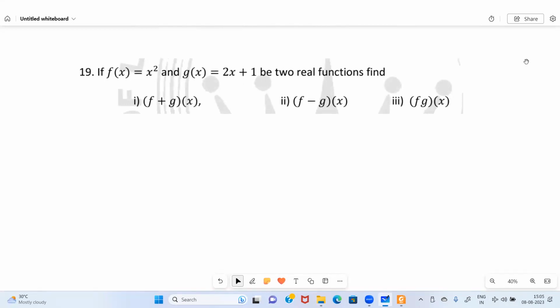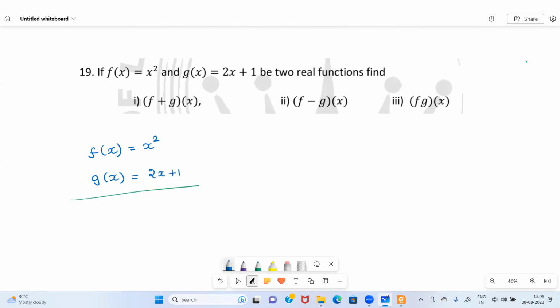Okay, students. Now we have f of x is equal to x square and g of x is equal to 2x plus 1. What is f plus g into x?